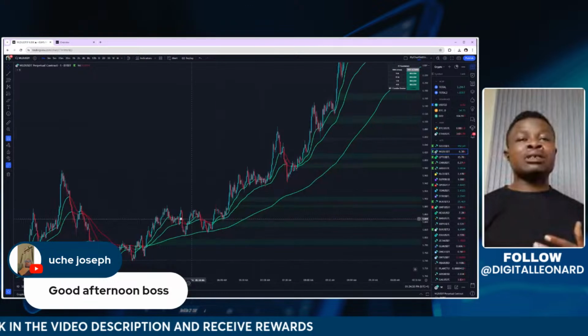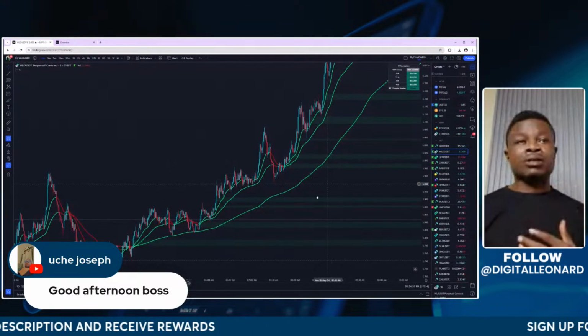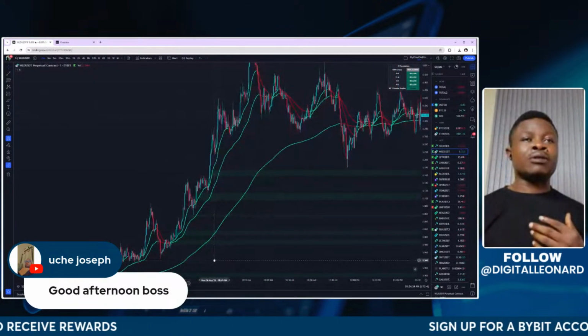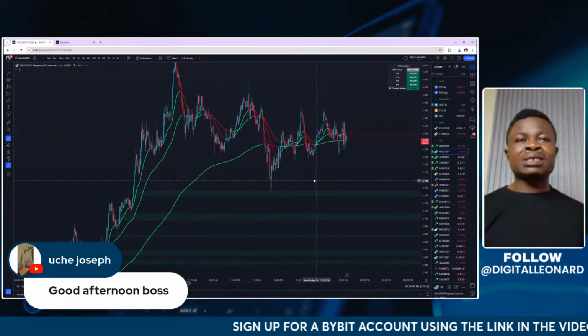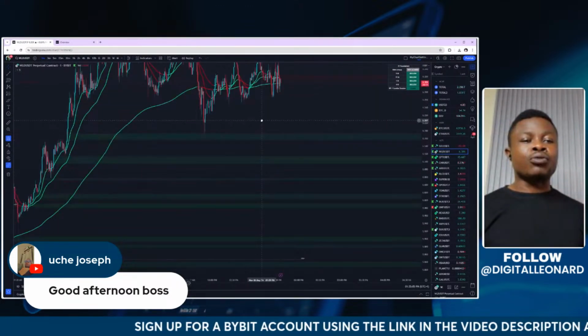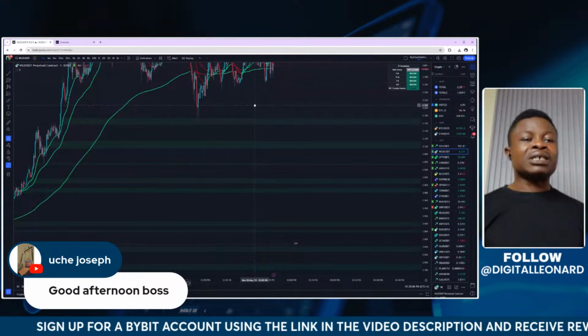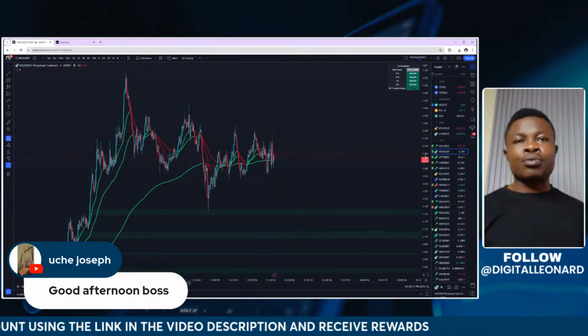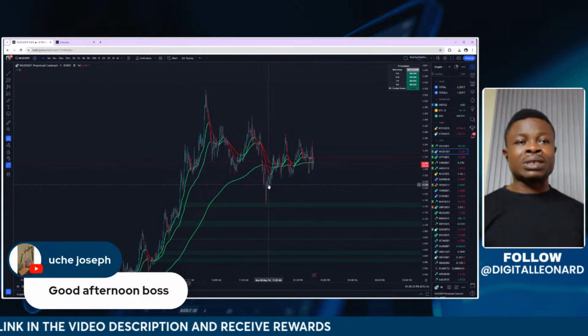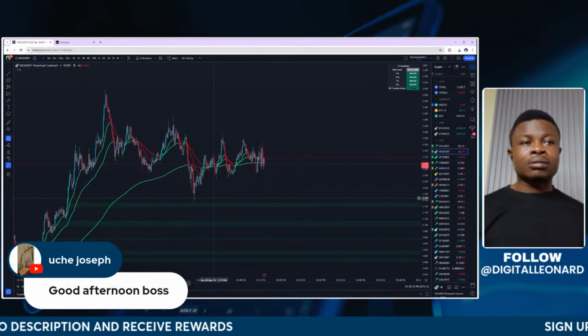But because I've established already that there is an uptrend for WLD on the 4 hour time frame, what I'm looking for are pullbacks. I look for pullbacks and take a trade to the upside in order to follow the trend.